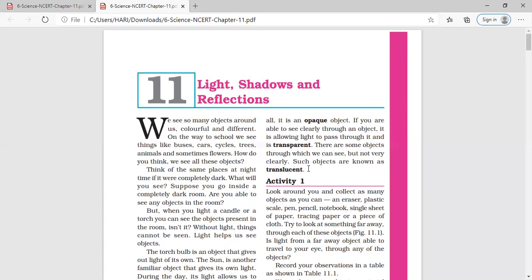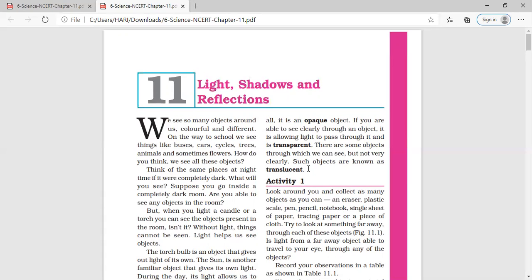So I am revising the point one more time. On the basis of transparency of substances, we can classify substances into three groups: transparent, translucent, and opaque. The objects which allow the light to pass through them completely are called transparent objects. Examples: plain glass, clean water, air.